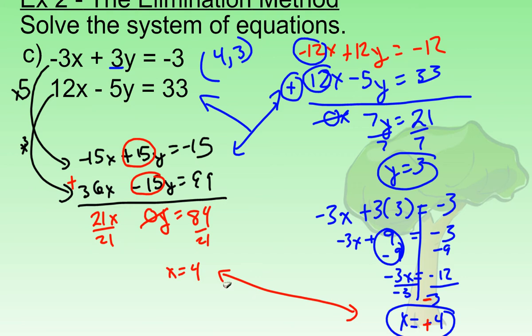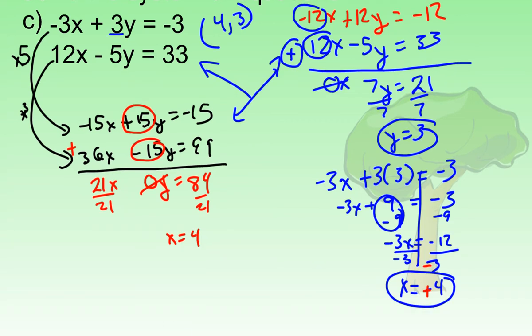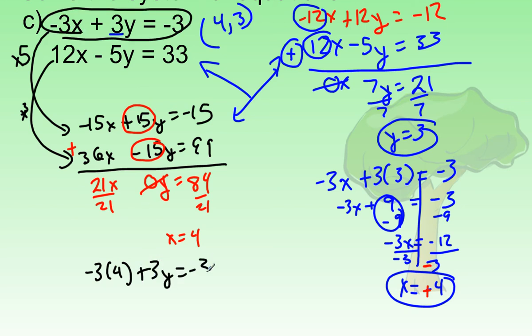And then since now I know the x value is 4, I could take that x value of 4 and plug it into one of the equations and find the y value of 3. And I might as well check it just to make sure I did it right. So 3 times the x value of 4, I'm using this top equation, plus 3y equals negative 3.